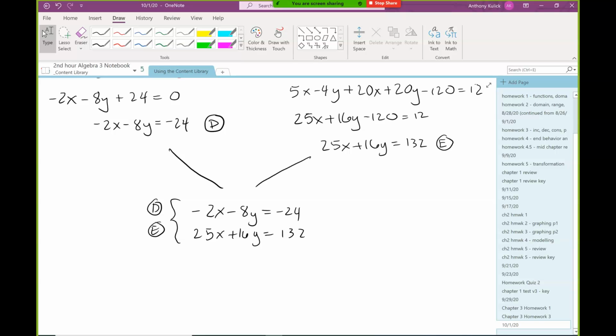And that's my goal when I'm choosing my variable to isolate. Is there a variable I can choose to isolate that will not result in any fractions? So that's what we'll do. We're going to add 8y to both sides and then divide by -2.